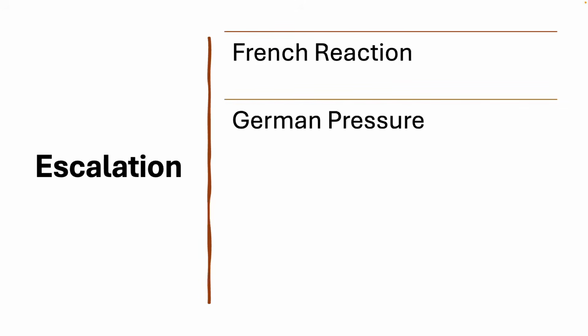The German Chancellor at the time, von Bülow, escalated tensions by threatening war and encouraging the Sultan to resist the French reforms. So not only threatening war himself, but also encouraging the Sultan to basically go to war with French colonial forces existing in Morocco.